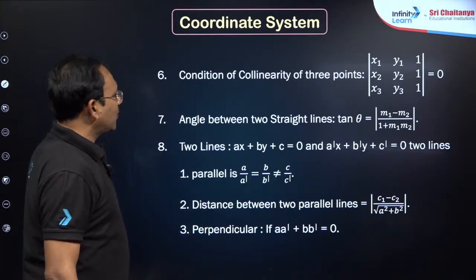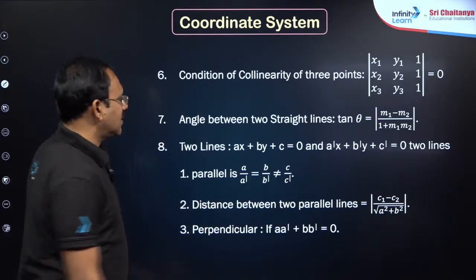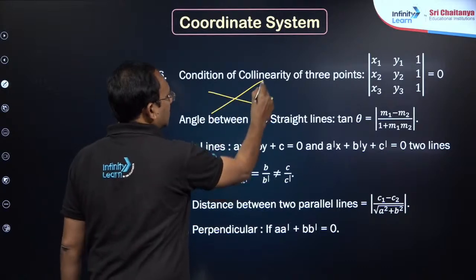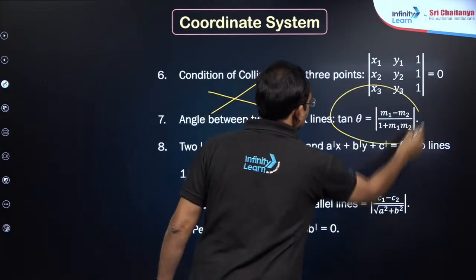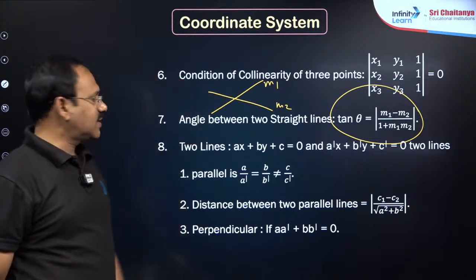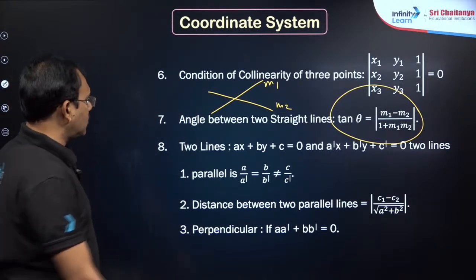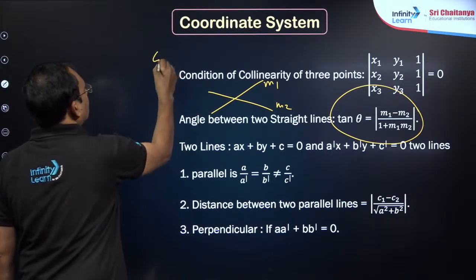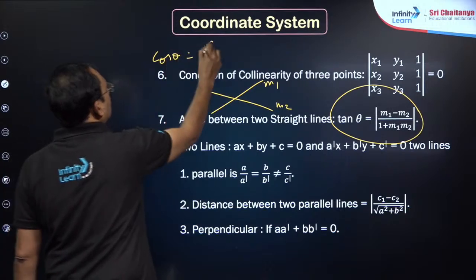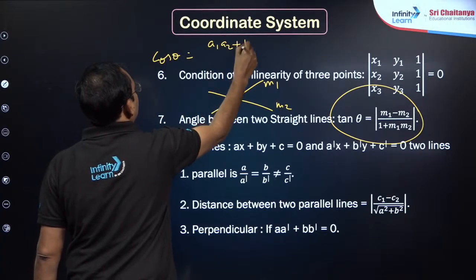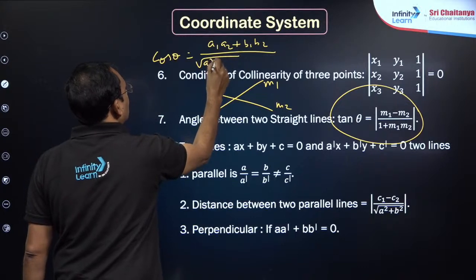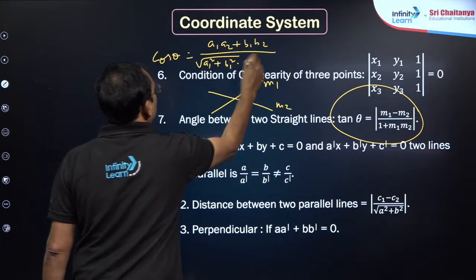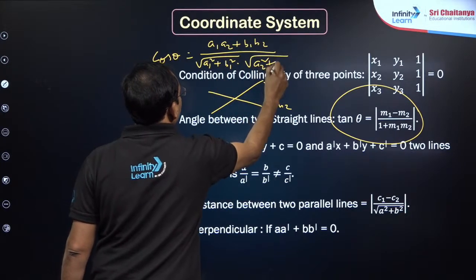Take their slopes m1 and m2 and apply tan theta equals modulus of (m1 minus m2) by (1 plus m1 m2). Of course you can also use cos theta equals (a1 a2 plus b1 b2) by root of (a1 square plus b1 square) into root of (a2 square plus b2 square).